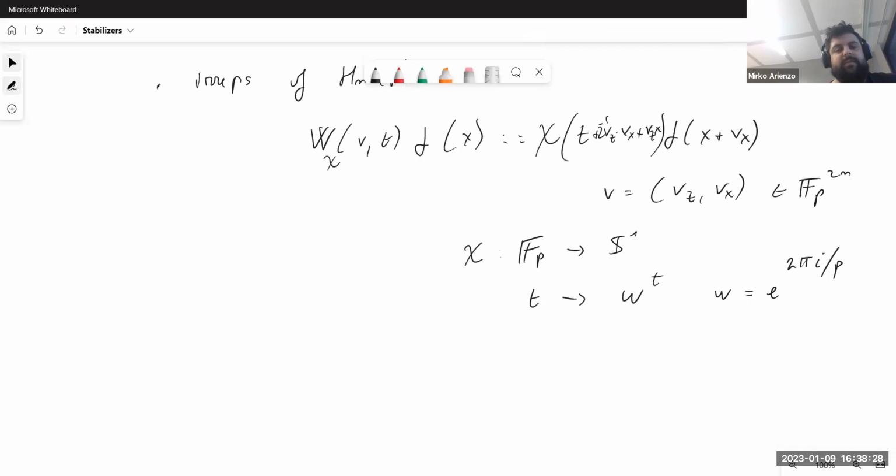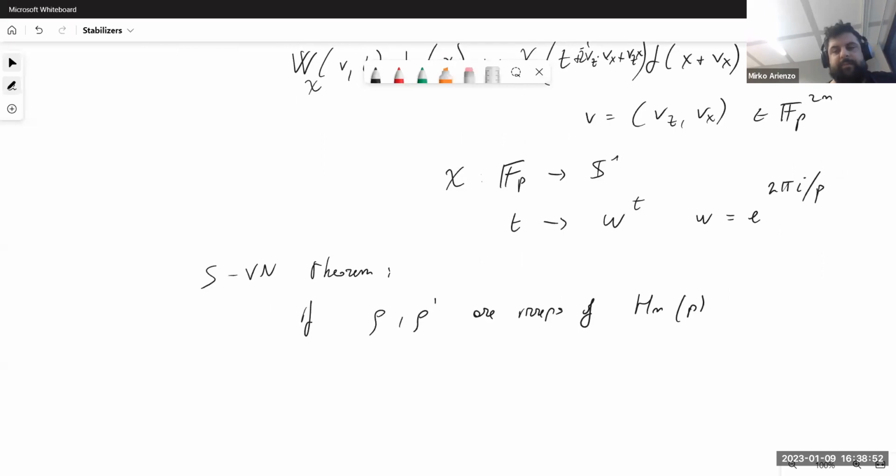And then one has the Stone-von Neumann theorem. Basically, this says that if rho and rho prime are irreps of the Heisenberg group which agree on the center, namely they have the same character, then rho and rho prime are equivalent.